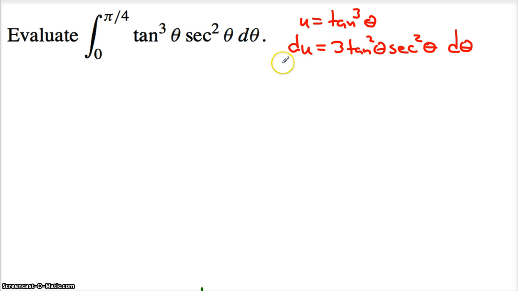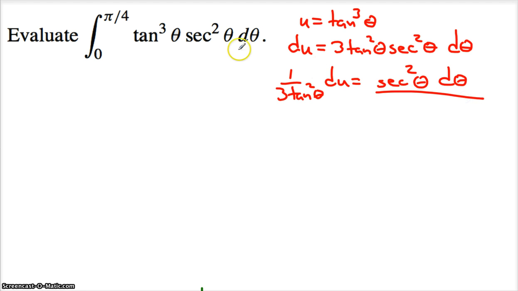Let me divide by 3 tan squared, so 1 over 3 tan squared theta du is equal to secant squared theta d theta. Okay, so I have a secant squared d theta here. I'm going to replace that with 1 over 3 tan squared theta du. And the 1/3 I'll write out here.